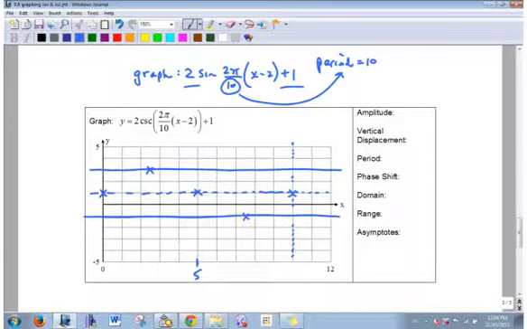Okay, so that's it graphed without the phase shift, but I want to go 2 units to the right. So that's going to be there, that's going to be there, that's going to be there, there, and there.